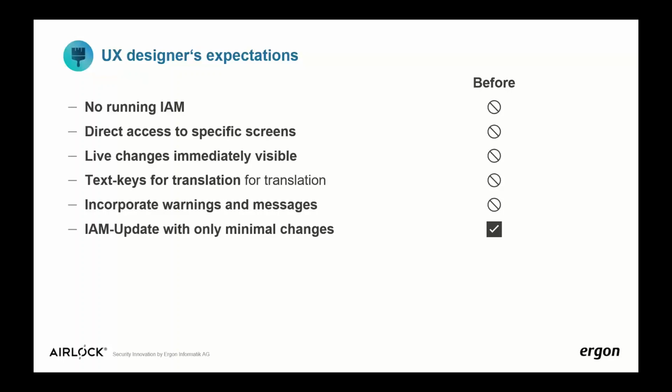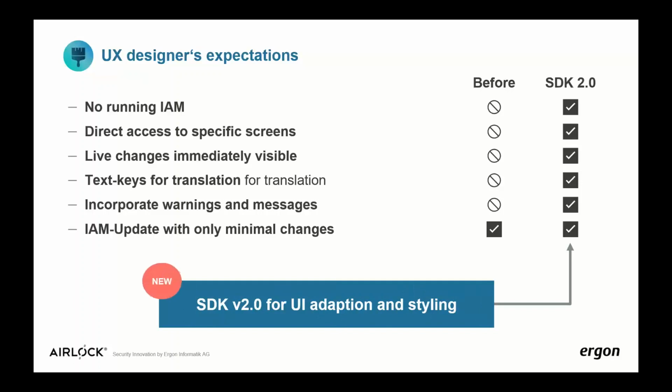Of course, incorporate warnings and messages, and of course the IAM update should be done with minimal changes, so a new version of the IAM shouldn't bring a whole bunch of changes with it. This is what we did with the SDK. As I said, it's a standalone mock server which you can download, and as soon as you download it, it will have all these possibilities here.